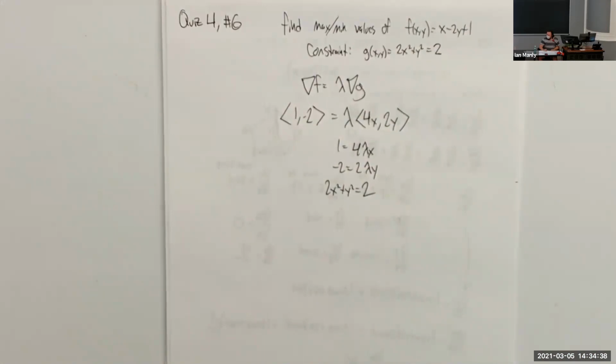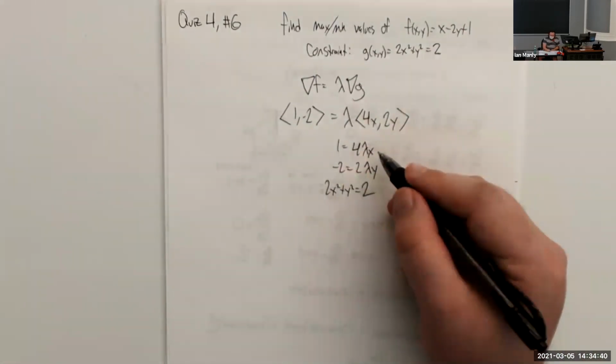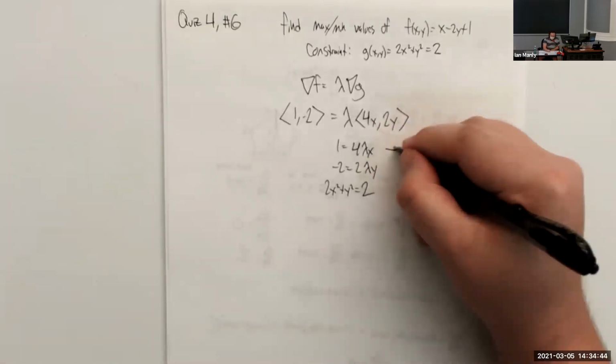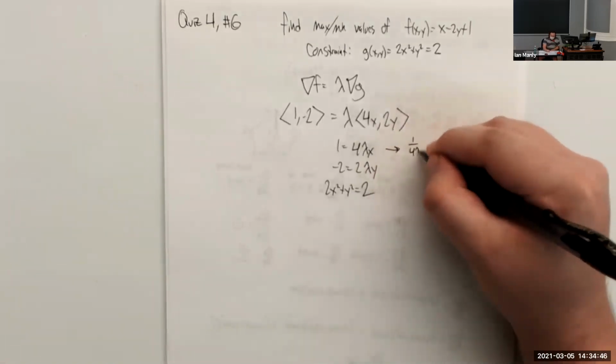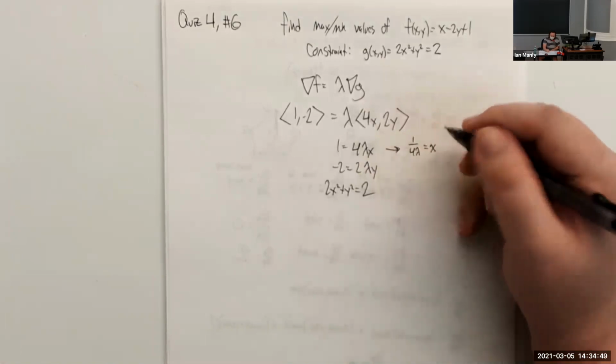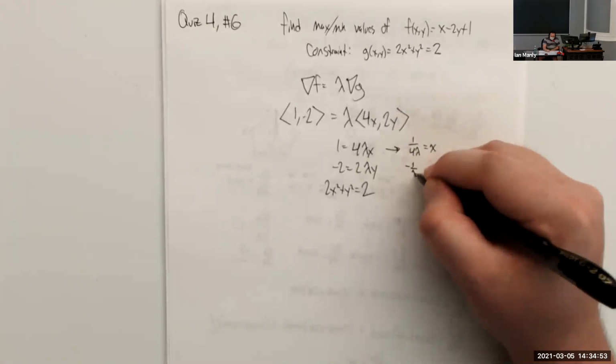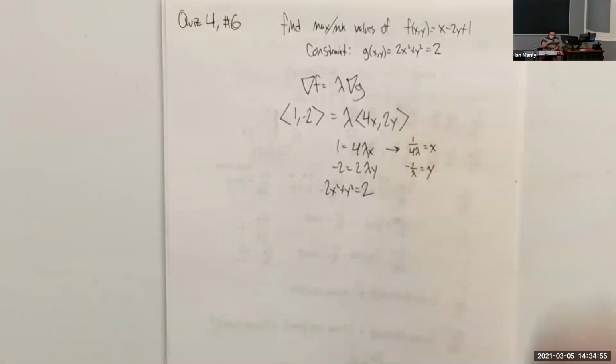All right. What I'm going to do here is solve for x and y with these. So 1 over 4 lambda is my x, and negative 1 over lambda is y right here. Now, what am I going to do with this information?